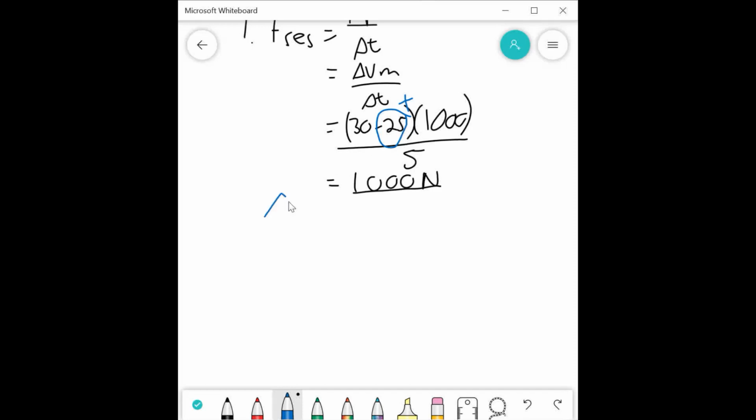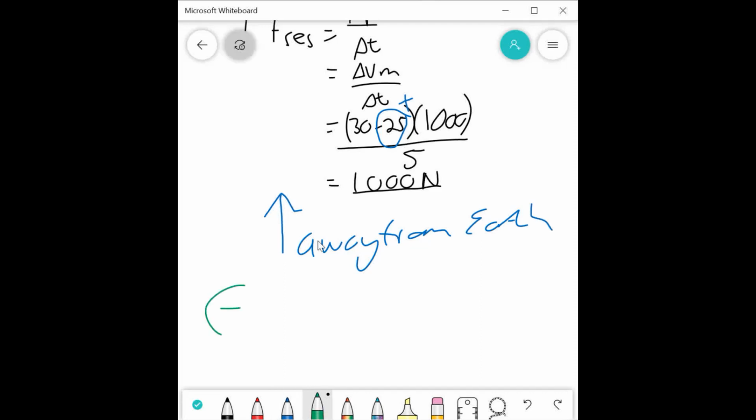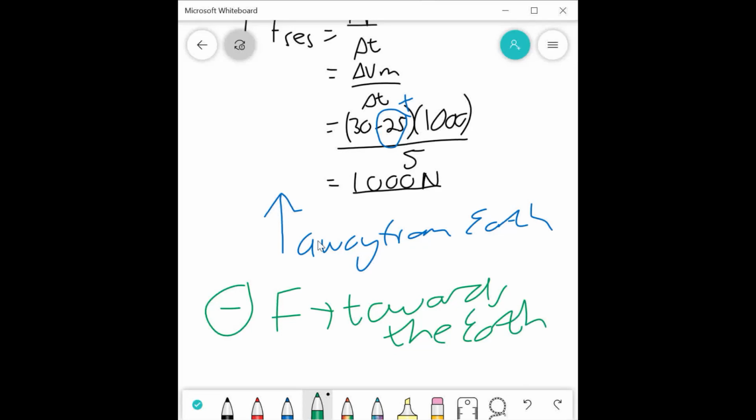So remember, your velocity is going upwards, so it's going away from the Earth. So therefore, if your force is negative, it means your force is going towards the Earth, or away from the rocket, however you want to look at it.